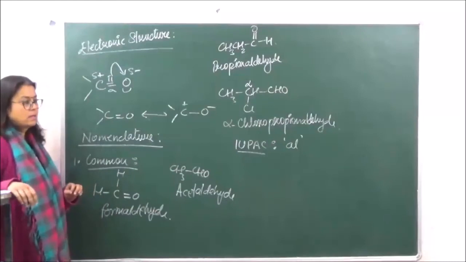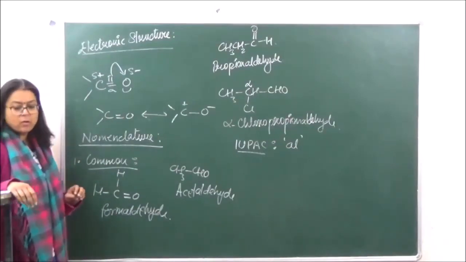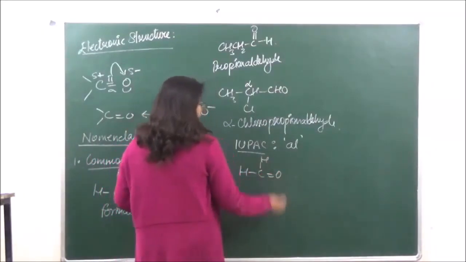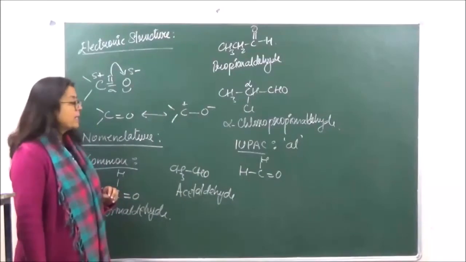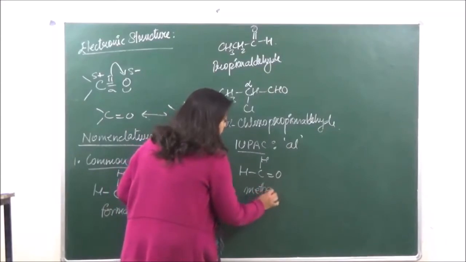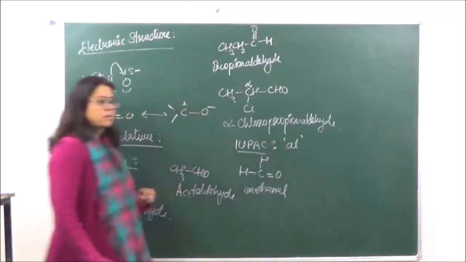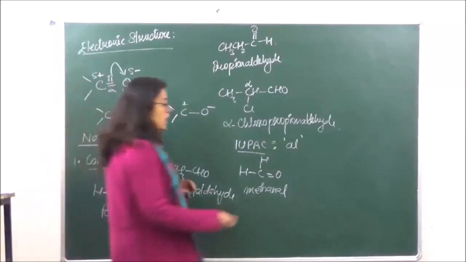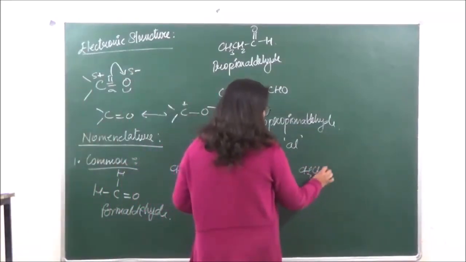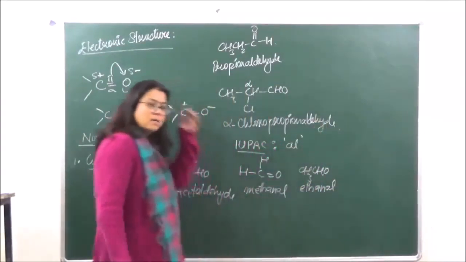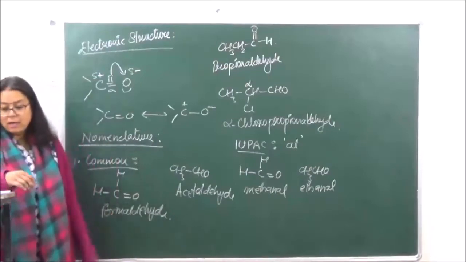This is the secondary suffix we are going to use, such that we have over here H-CH double bond O. Only one carbon atom is present, so the root word is going to be meth plus a plus al, methanal. Now, if there are 2 carbon atoms present, the root word is going to be eth plus a plus al. So this is going to be known as ethanal.